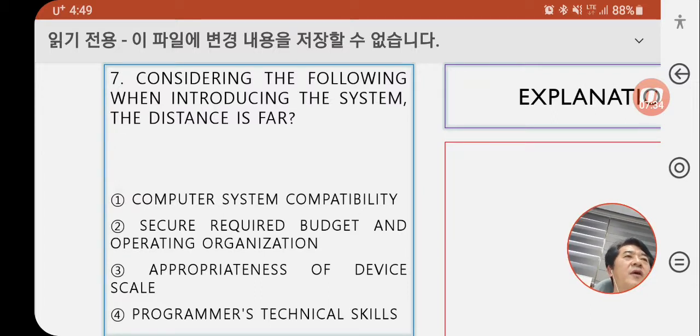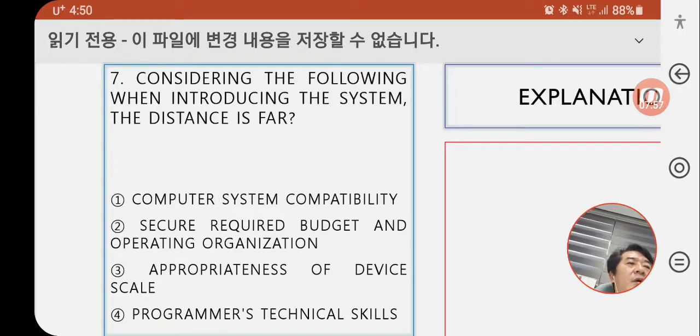Considering the following when introducing the system, which is far off? Number 1, computer system compatibility. Number 2, secure required budget and operating organization. Number 3, appropriateness of device scale.